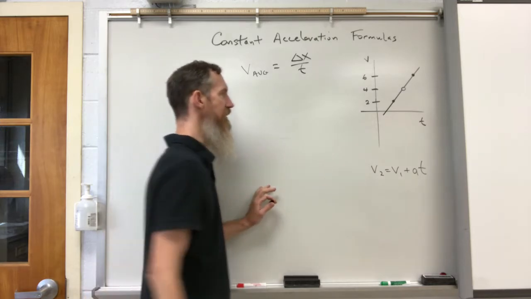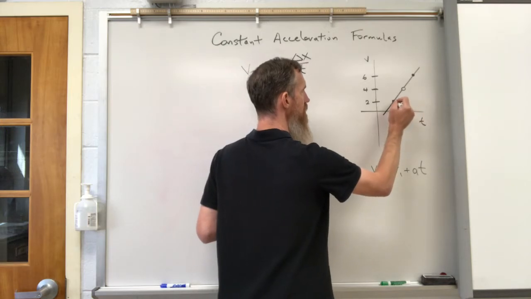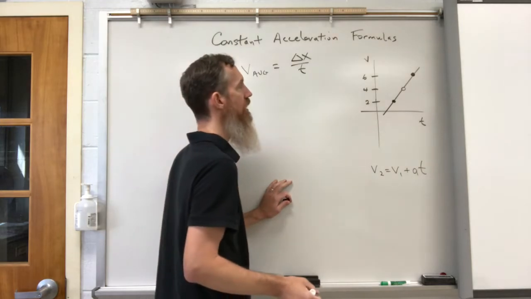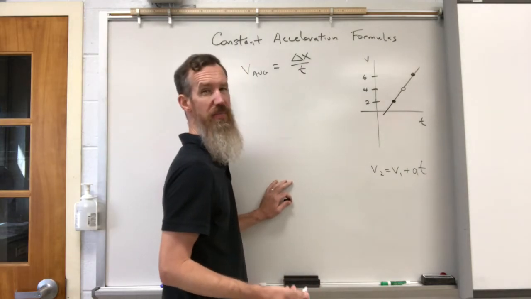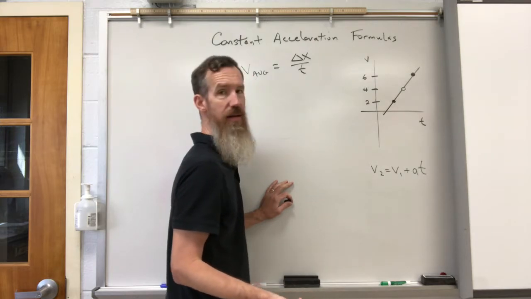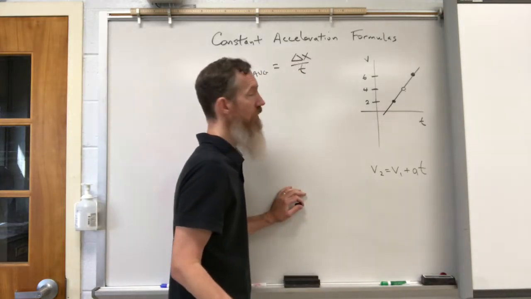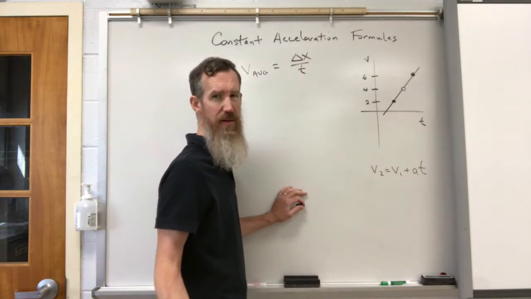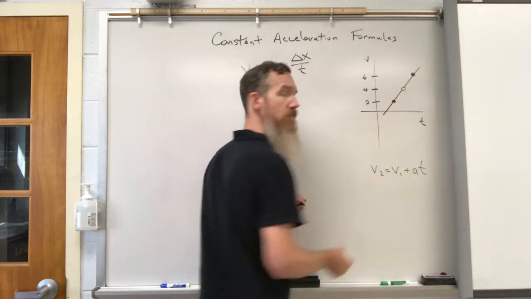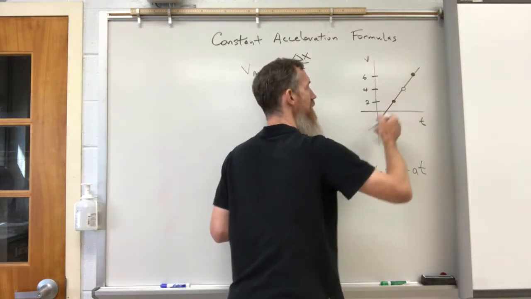Well, if I take the average of a velocity of 2 and a velocity of 6, and I add those together and divide by 2, I will get a velocity of 4. It's just a mathematical average, but the mathematical average is going to fall on that same motion on that graph, because of the constant acceleration.